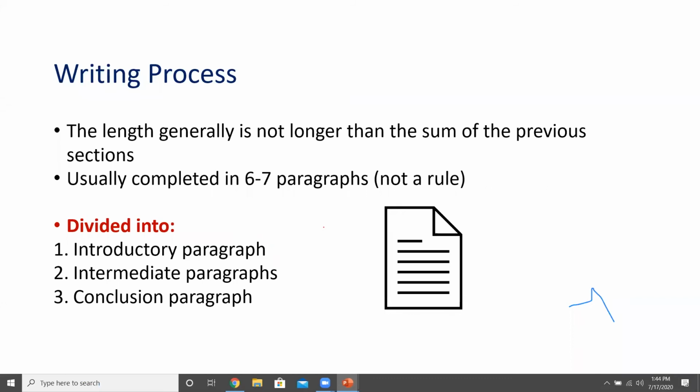The intro paragraph might just talk generally about how important your research is, or its significance. Then you go into the intermediate paragraphs, where you talk about the results, and at the end is the conclusion paragraph of the entire discussion part.